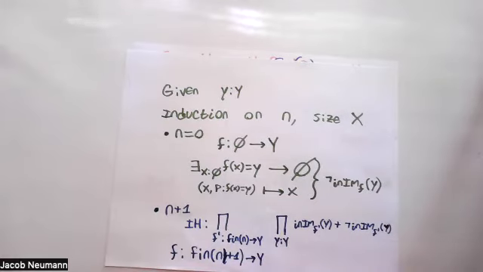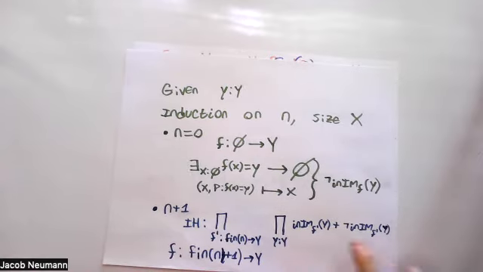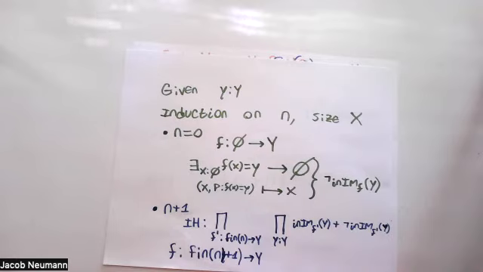All right, everyone clear on the basic idea here? So we have this, and we want to prove that for all y, this, but for f instead of f prime. Okay.